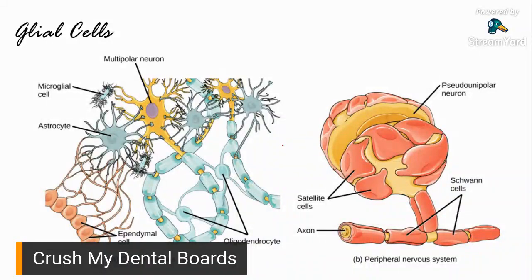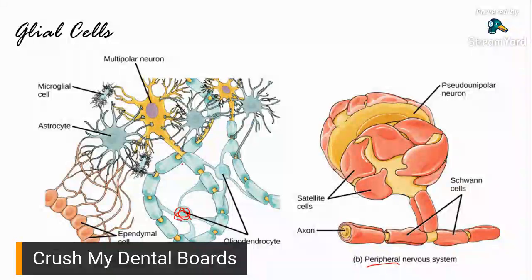Stuff that you have to take note of. Oligodendrocyte and Schwann cells are the myelin-producing cells. Oligodendrocyte is for your central nervous system, while your Schwann cells are for your peripheral nervous system. Oligodendrocyte cell body is outside.